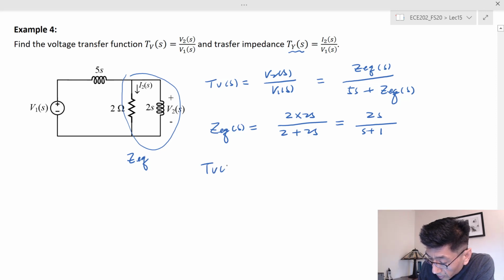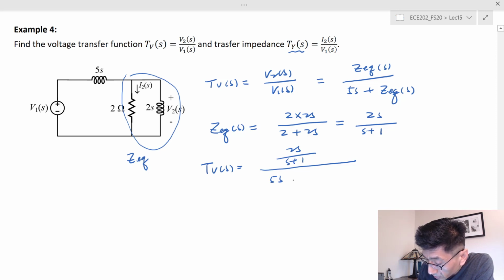TVS is equal to 2S over S plus 1, divided by 5S plus 2S over S plus 1. Right, since I have S all over, I can cancel this S first, then I multiply by S plus 1.